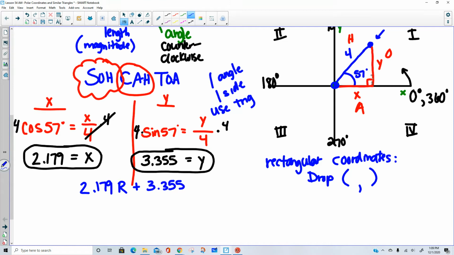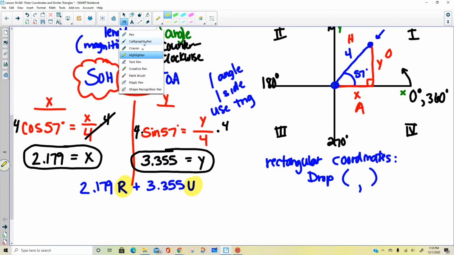And whenever you were doing up or down, your book is going to call that U. So R for right, and U for up. Don't get too attached to that because we're going to change the R and the U.